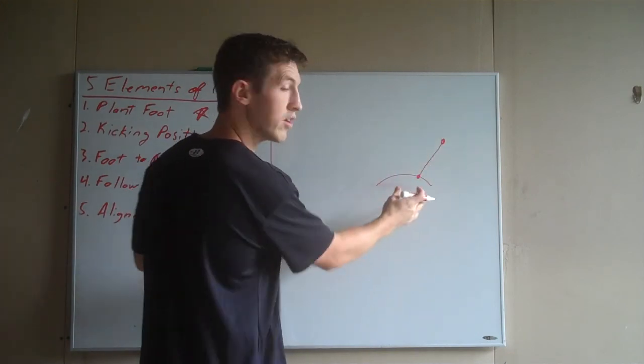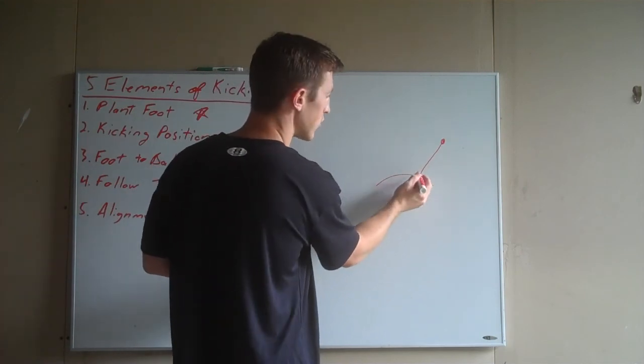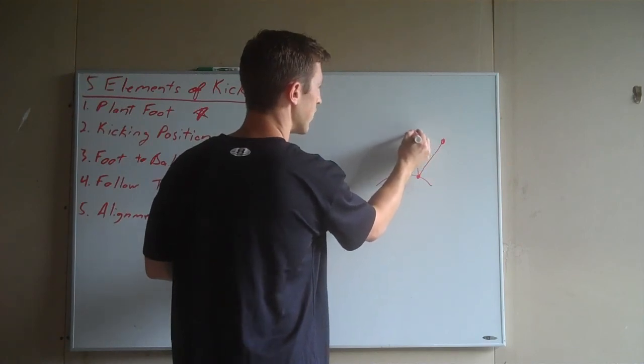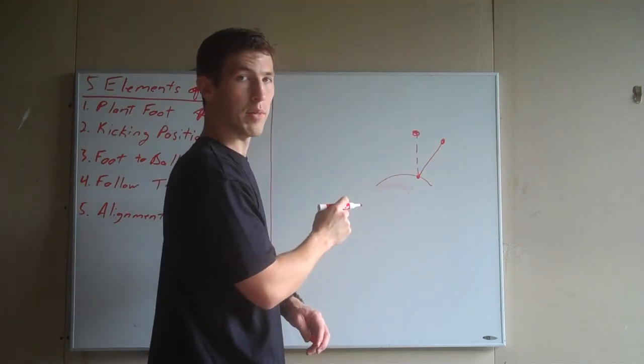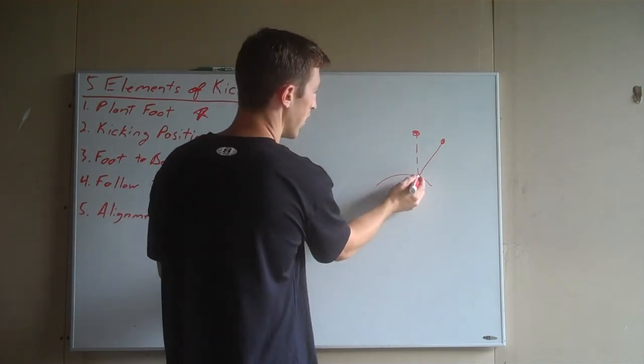As we plant, our heel hits the ground, we make a good plant foot, and then this lower leg is going to translate over. Imagine, there you go, the midpoint of the kick: the right foot, if you're a right-footed kicker, is making contact with the ball.